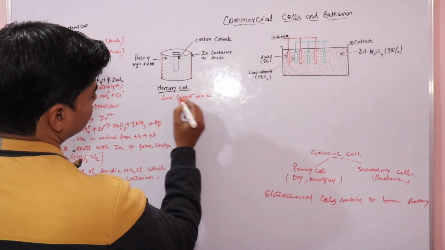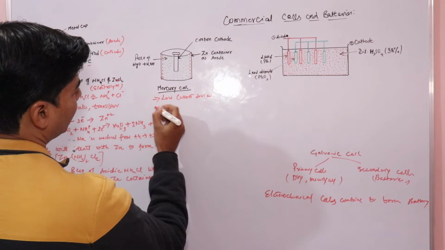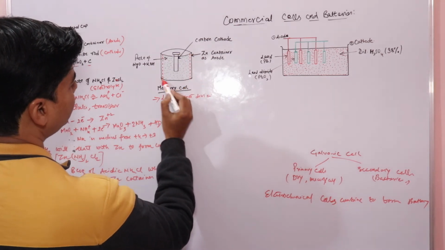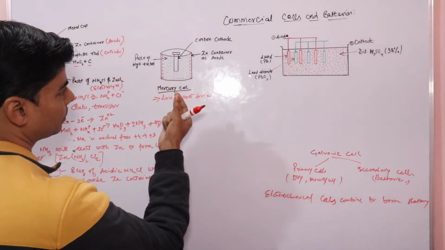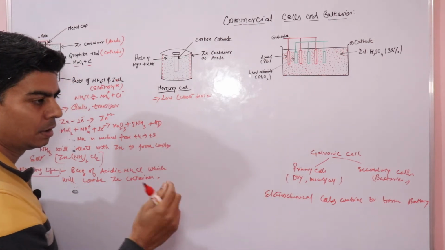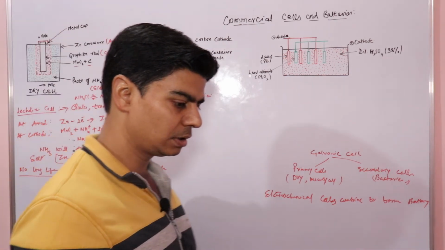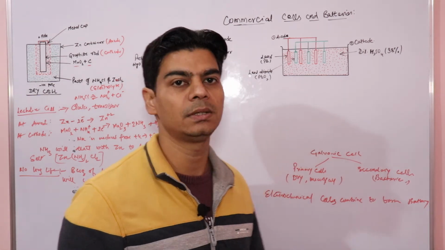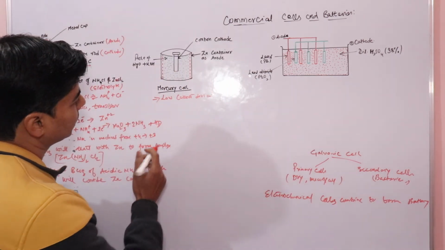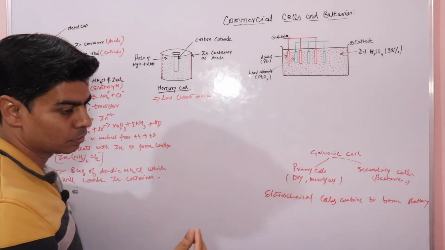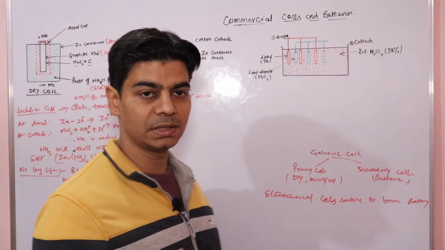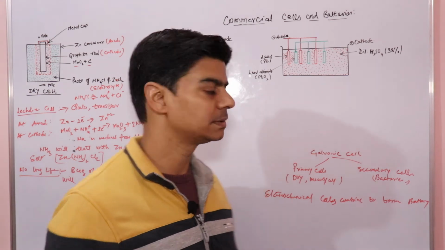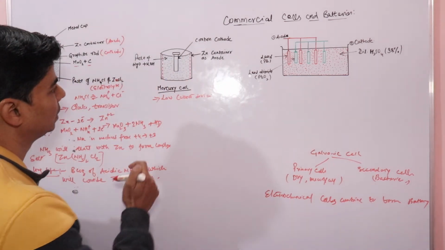And this is your zinc container. Mostly these are the small circular cells that you put in watches, in hand watches. And the hearing aids also, you might have seen the small circular cells. These are those cells.